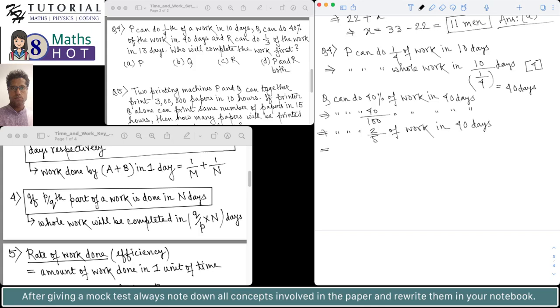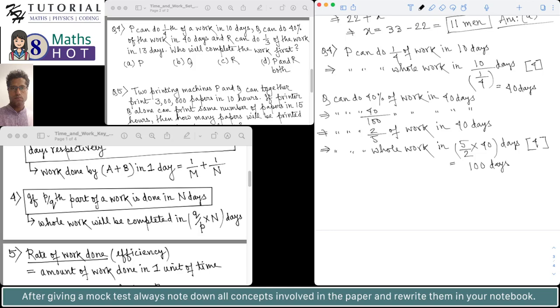Again, applying the concept of 4, we can say Q can do the whole work in 5 by 2 multiplied by 40 days, which is equal to 100 days. So Q alone can complete the work in 100 days.